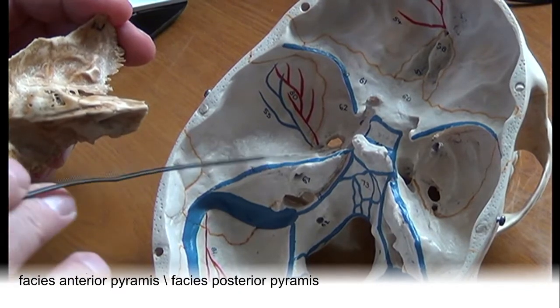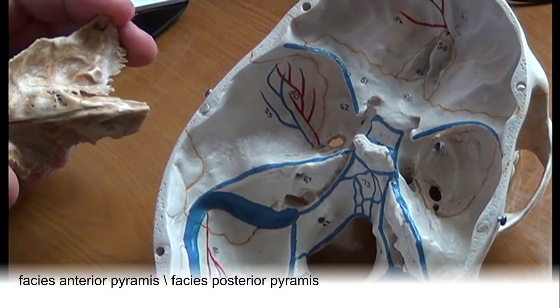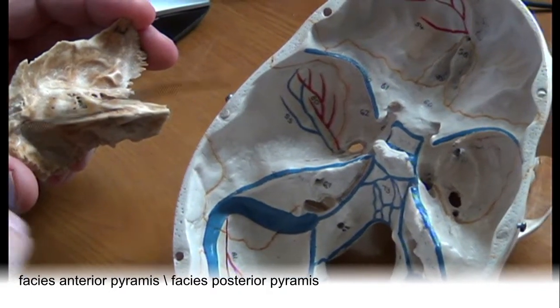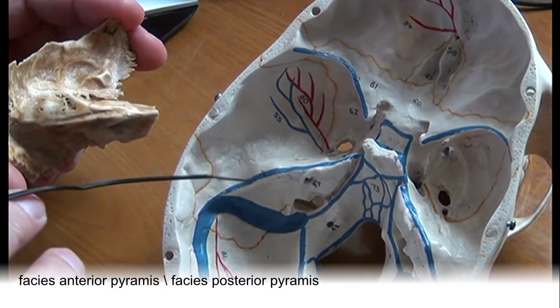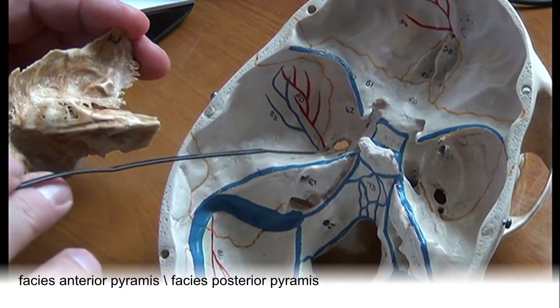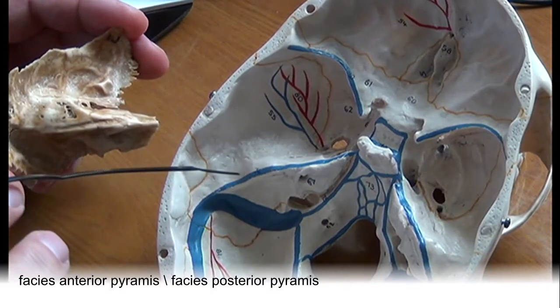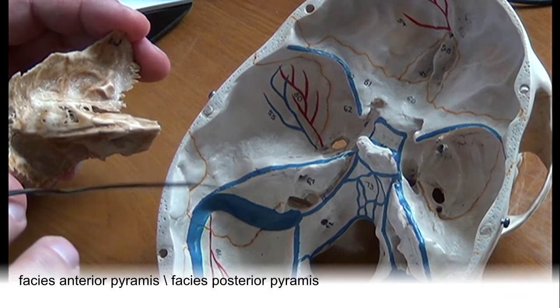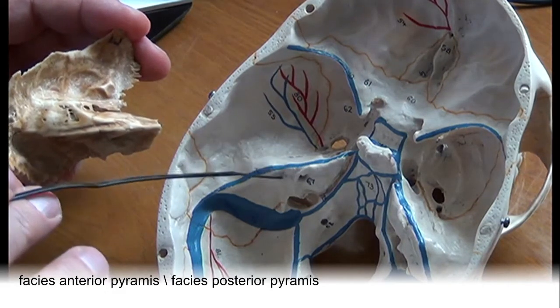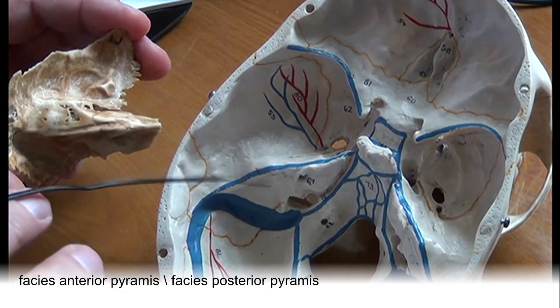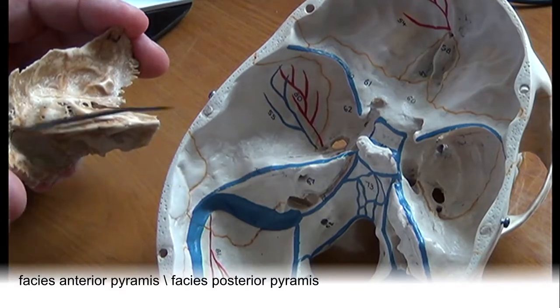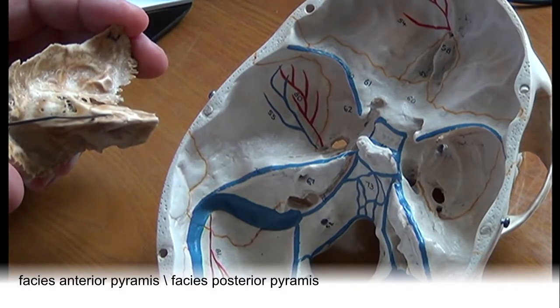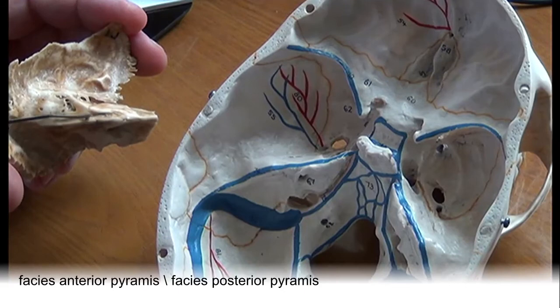Why? Because here is a special venous vessel, but it's special, so it isn't named a vein but a sinus: sinus petrosus superior. So this is sulcus sinus petrosi superioris.